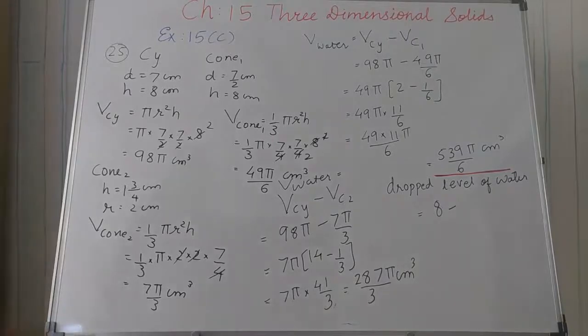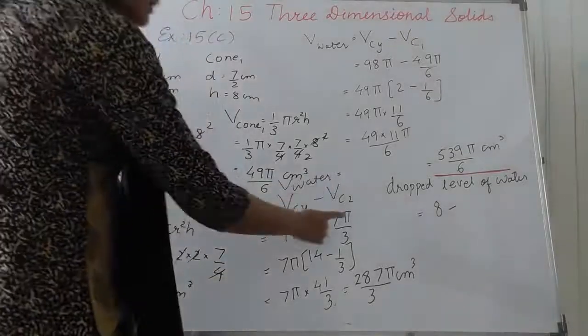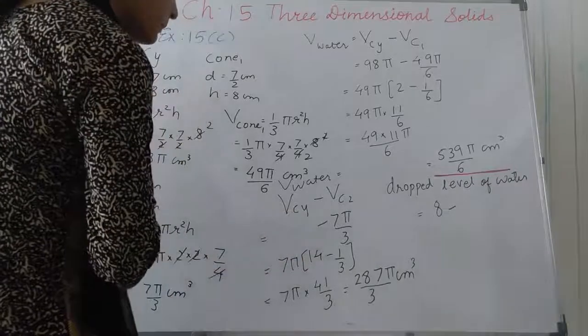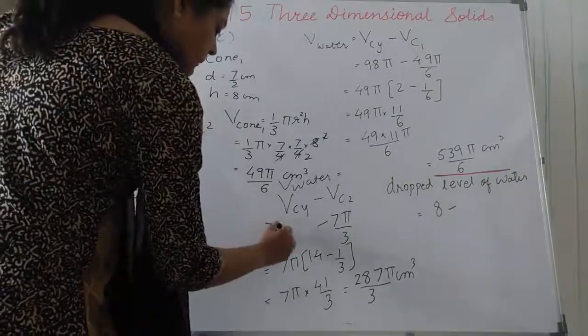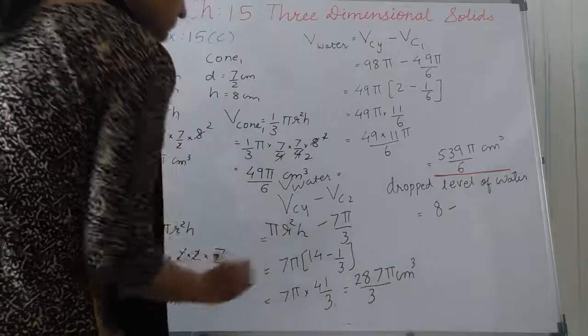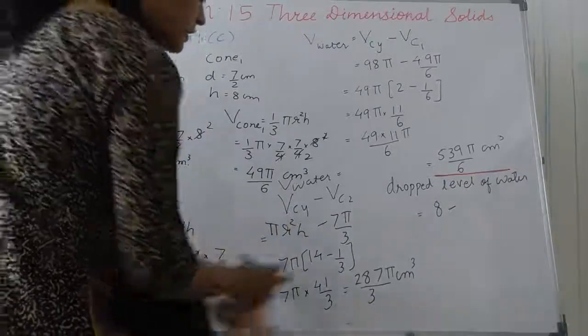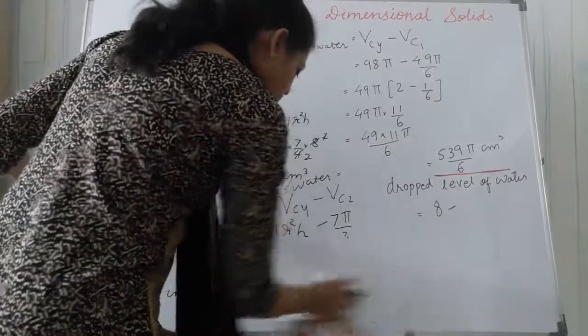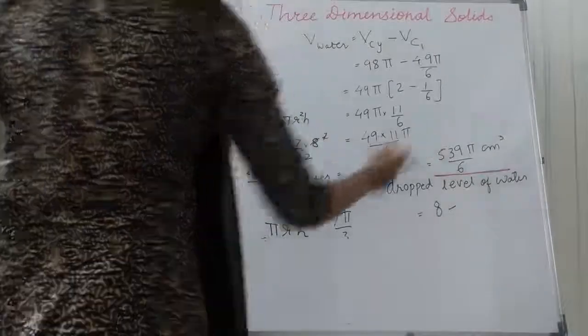So here what I have written, volume of water is equal to this. But I would not put this value here, this is the pi r square h formula, in which I will not substitute h value. And volume of water we already found, students. This is the water volume.